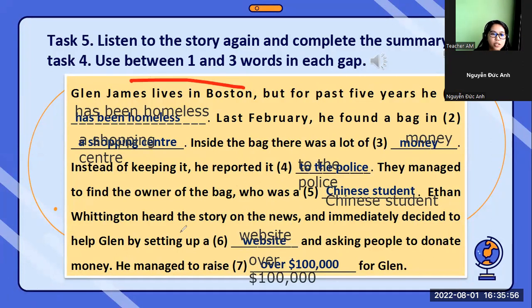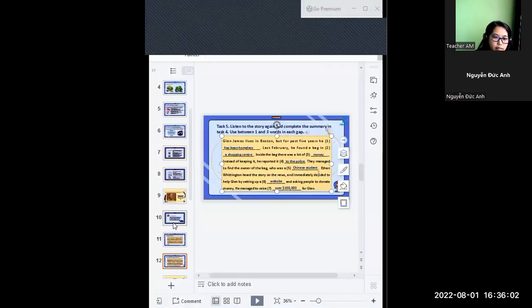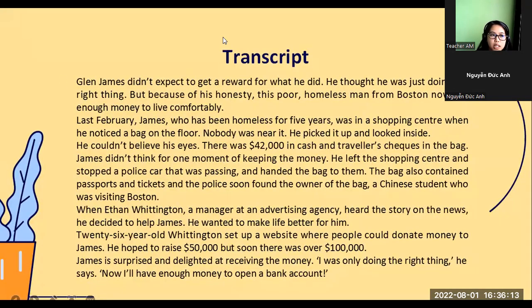Great job because you got a perfect score, which is 7 out of 7. Okay, so now let's proceed with this one. I want you to read the transcript. Okay, can you please practice reading the transcript and Glenn James?